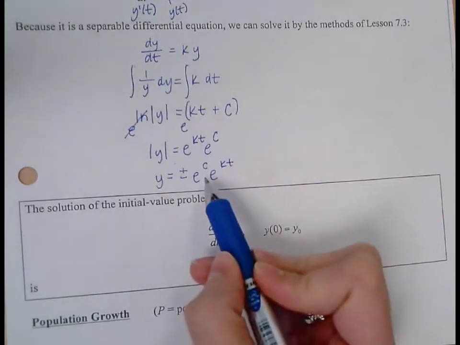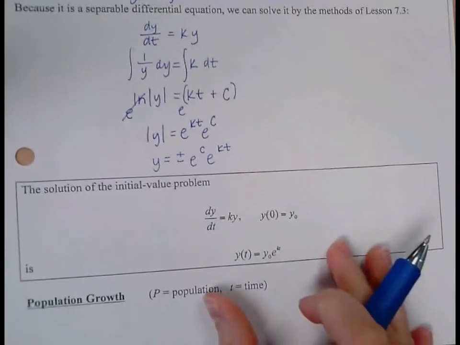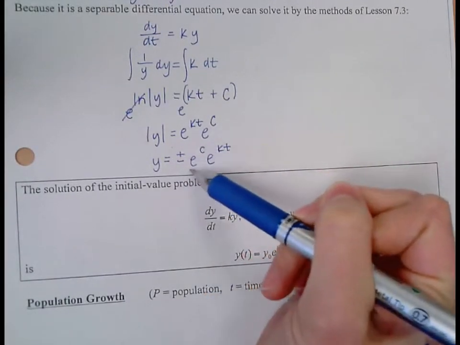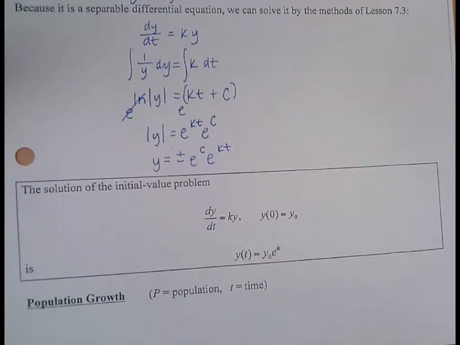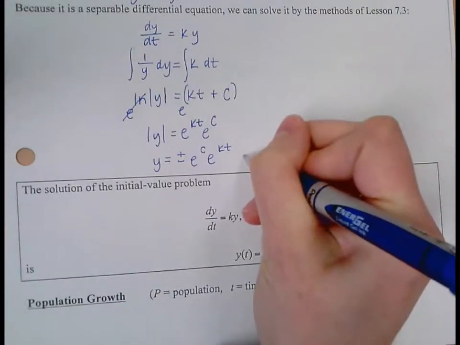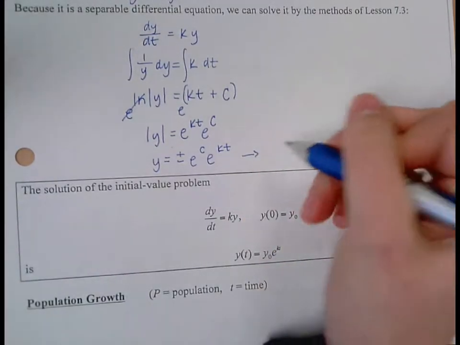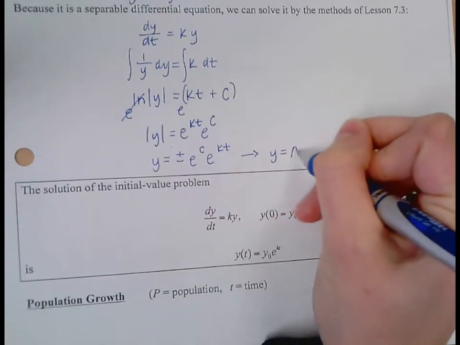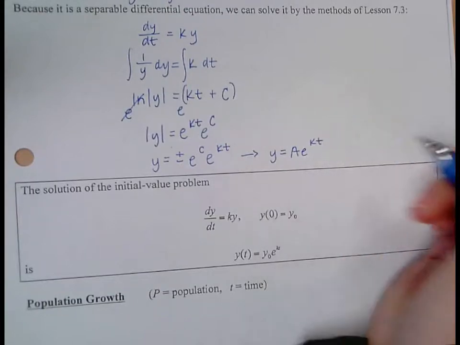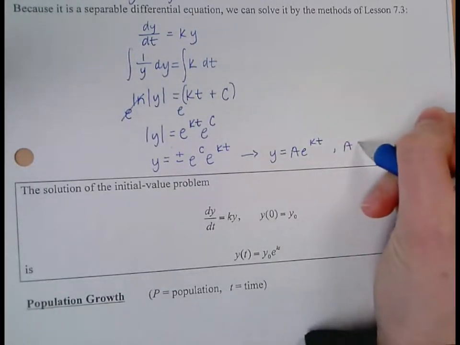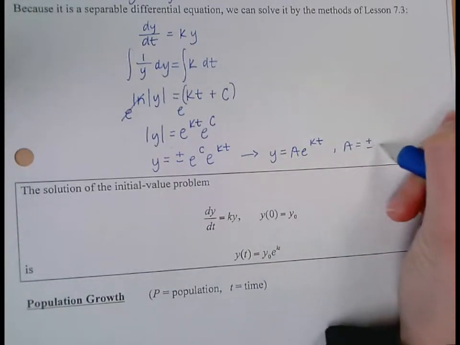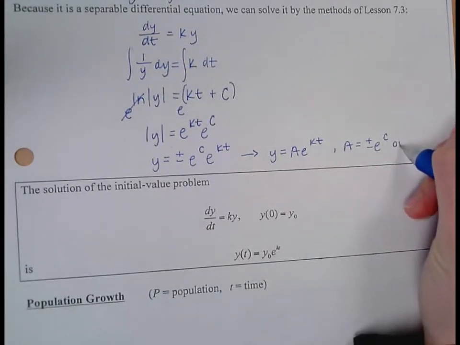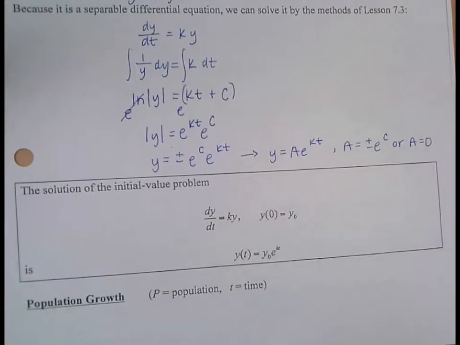And then in the past, when I showed with a different example, we replaced this plus or minus e to the c, that's all a constant, with a capital A. It doesn't really matter what variable you use, but I could write this as y equals A times e to the kt, where A would be plus or minus e to the c, or I really should state A could also be 0.